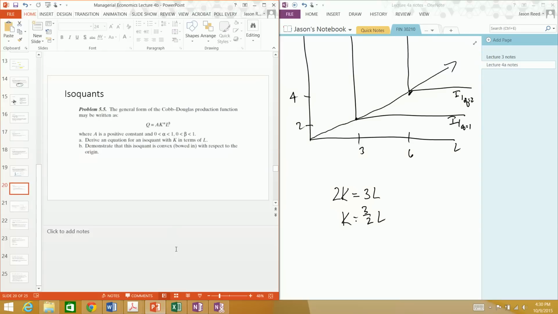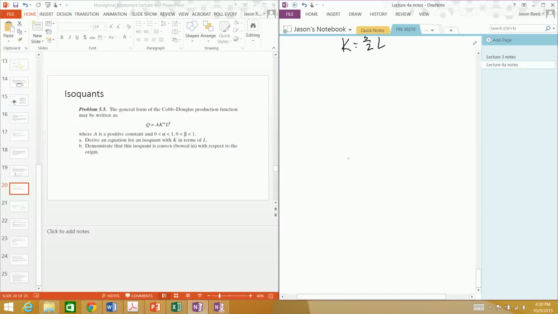We want to switch gears here. We did this example in class, but we want to derive an equation for an isoquant with K in terms of L. Basically, we want to say that Q sub naught is now some fixed amount.